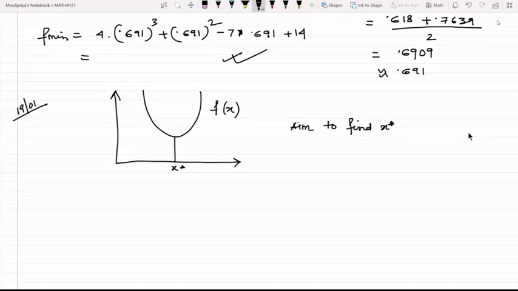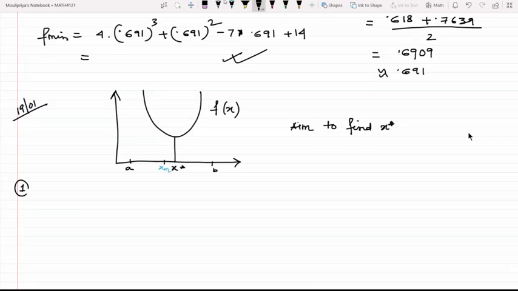So what we do is, if this is A and this is B, AB being the initial interval of uncertainty, let this point be xm. What is xm?